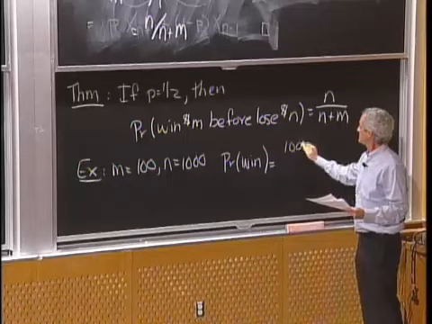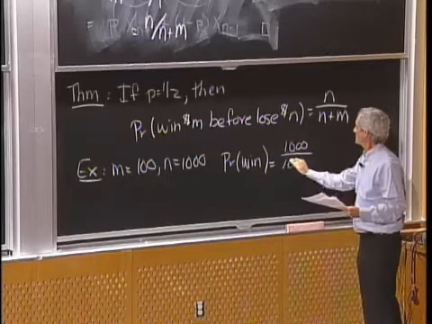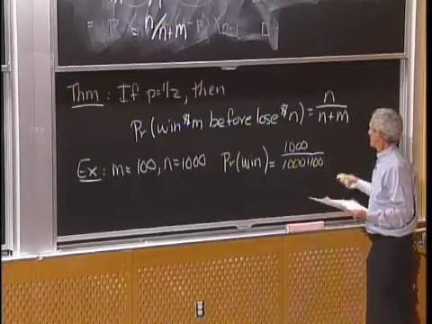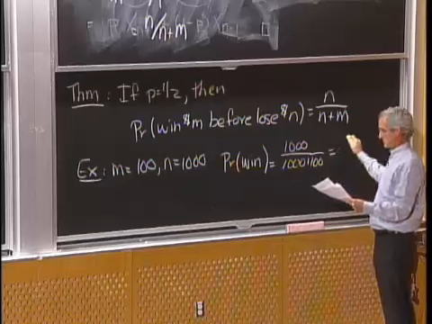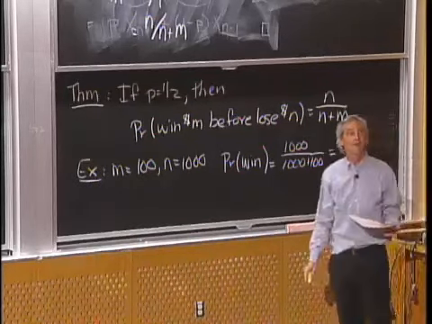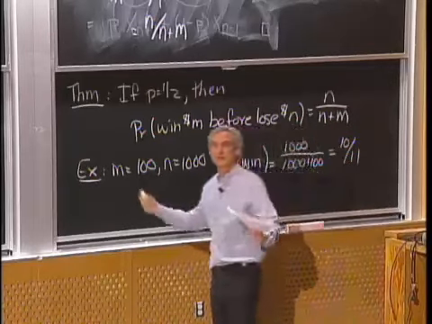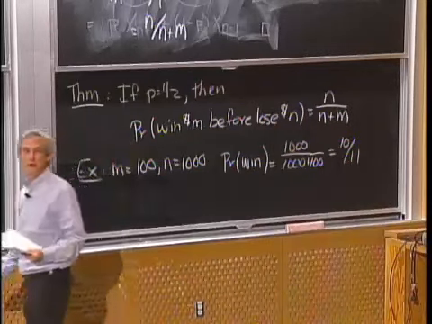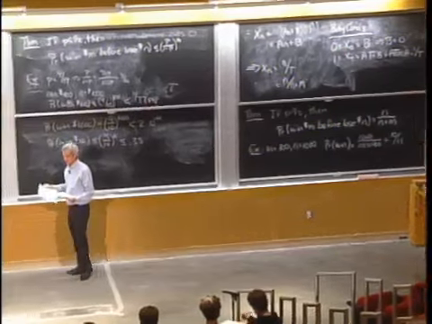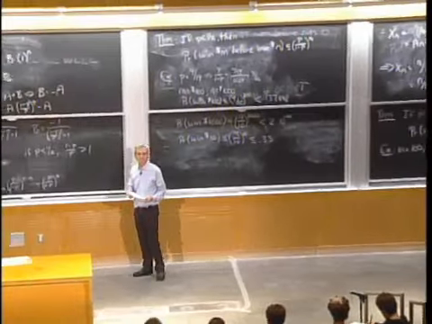Yeah, 1,000 over 1,000 plus 100. 1,000 over 1,100 is 10 over 11. So she does go home happy most of the time, 10 out of 11 nights, if she's playing a fair game. All right, any questions about that?